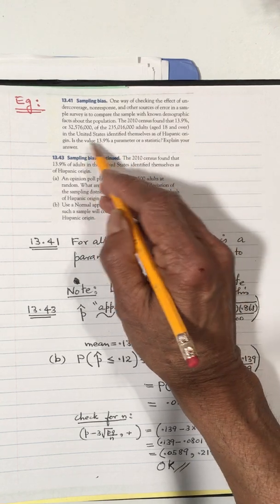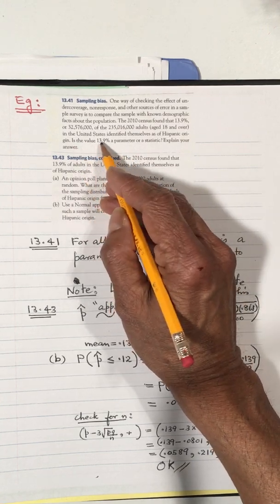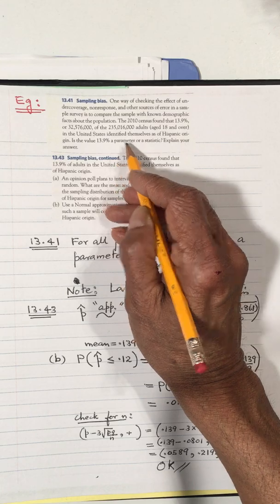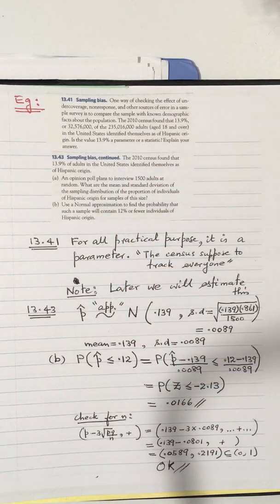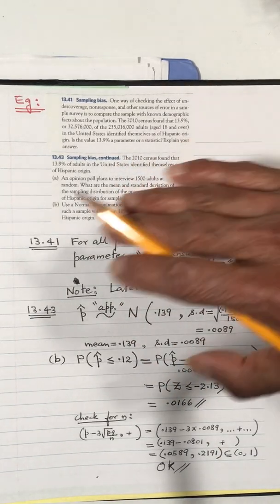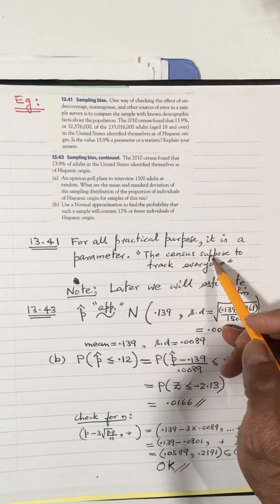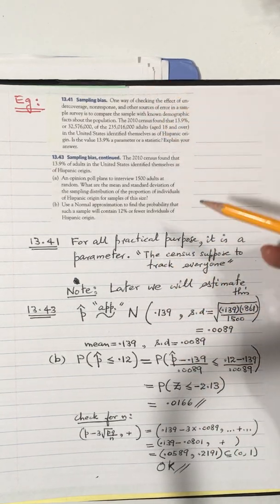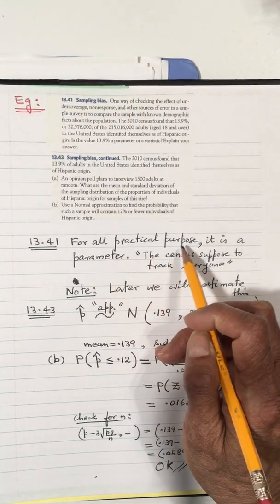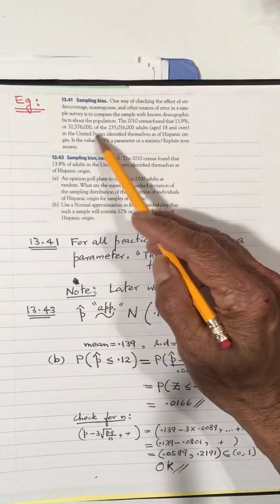So the question is, is the value 13.9 a parameter or statistic? So the thing is that you are looking at the whole US population. When you take the census, you're supposed to hit everybody. So for all practical purposes, this is a parameter actually.